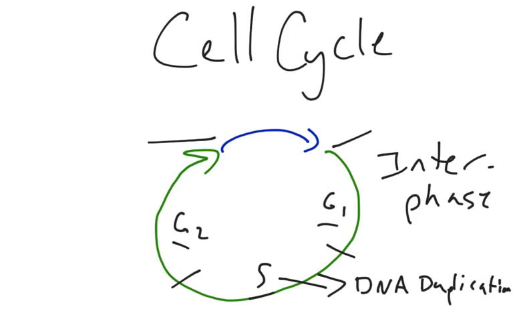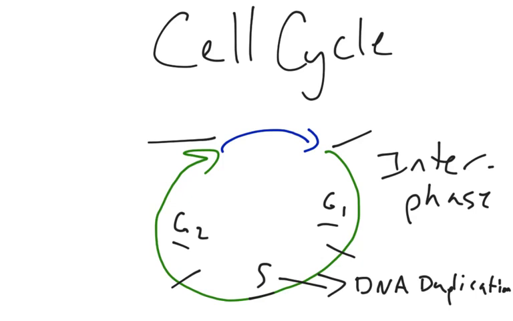So you'll get two copies of DNA during this phase of the cell cycle. And then after that, it goes back into the gap 2 phase, which is continued preparation for cell division. Make sure the cell has enough organelles and nutrients ready for cell division. It also continues to grow if necessary.